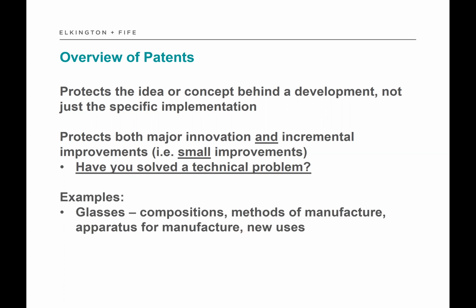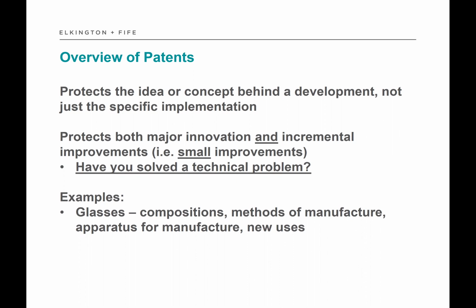Just to give you some examples, back to the glass manufacturer, one of their major inventions 20, 30 years ago was the development of a particular glass overflow method, whereby they could create these very thin glasses with pristine surfaces on both sides, and that's what allowed them to use these glasses in mobile phones and other electronic devices.